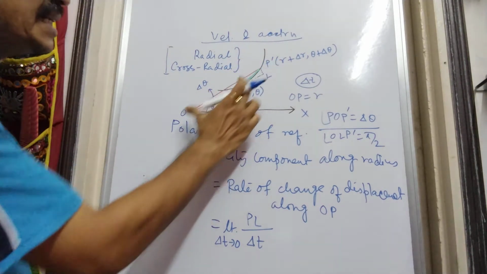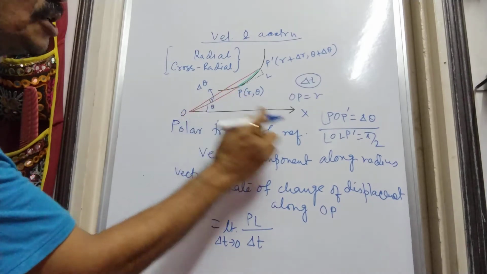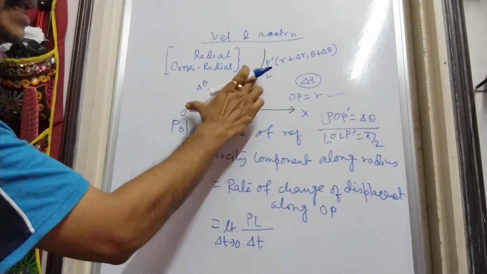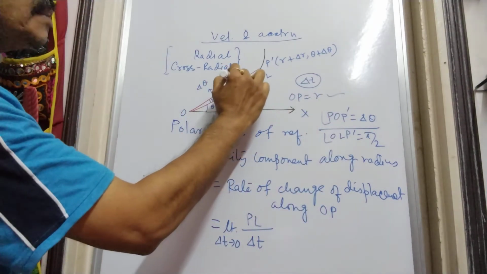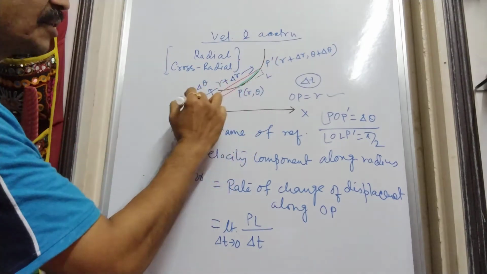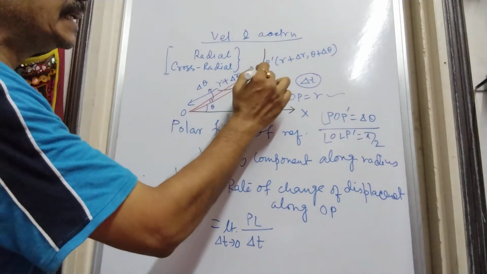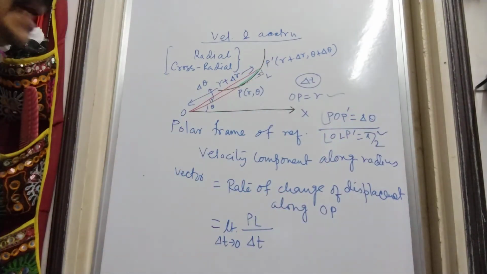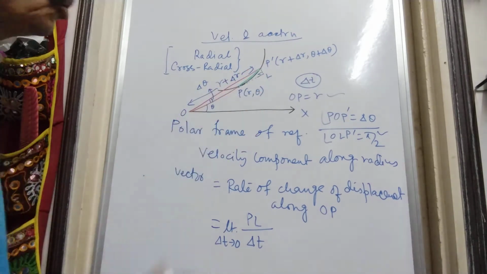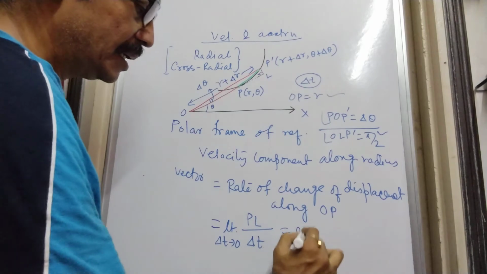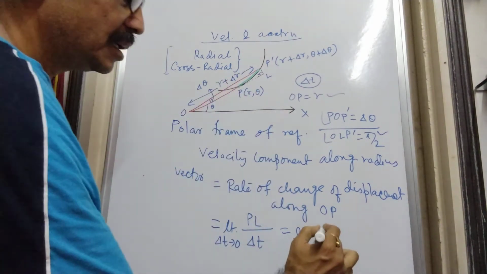And what is PL? PL is nothing but OL minus OP. What is OP? OP is written as r. And what is OL? Since OP prime is r plus delta r, we can easily see from the coordinates, OP prime is r plus delta r, and this angle is 90 degrees, and this angle is delta theta. So obviously OL will have a length of r plus delta r cos delta theta.